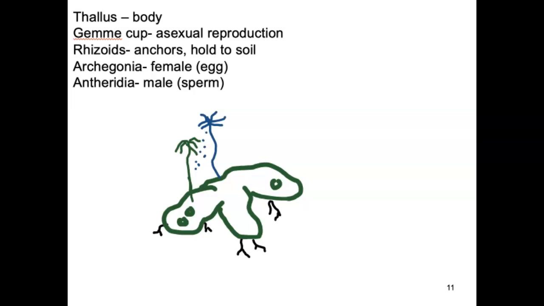When you're the first one on land, who cares? It works. And it made them successful for close to 450 million years, and they're still out there. Their diversity is not nearly as great as it used to be, but we still have these in Illinois, in the Midwest, across the United States, and in different parts of the world.